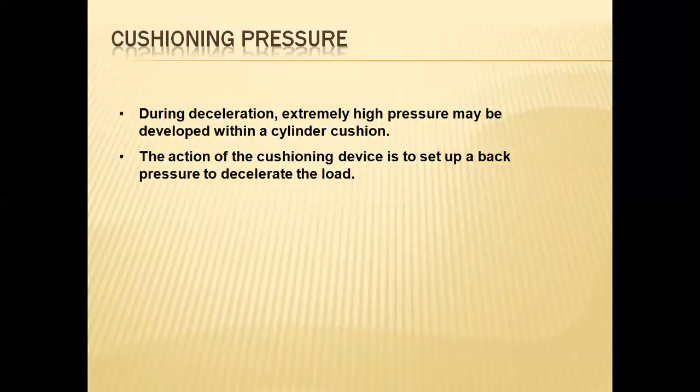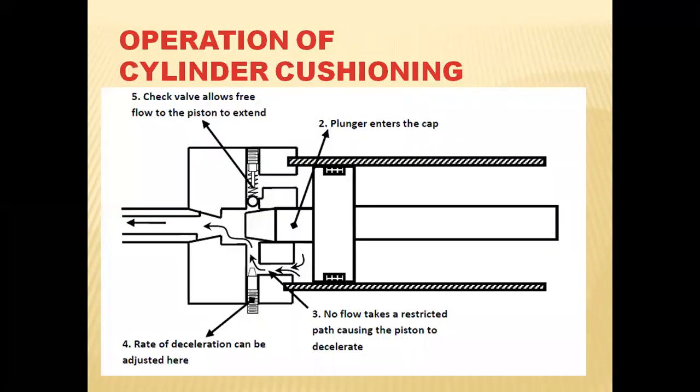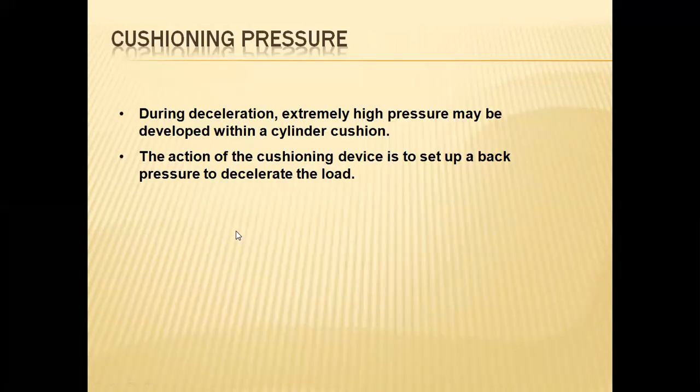Regarding the cushioning pressure, how these uneven forces are characterized is shown in the pictorial representation, falling directly on the cushioning port and how these are balanced. Let us have a clear look at this.